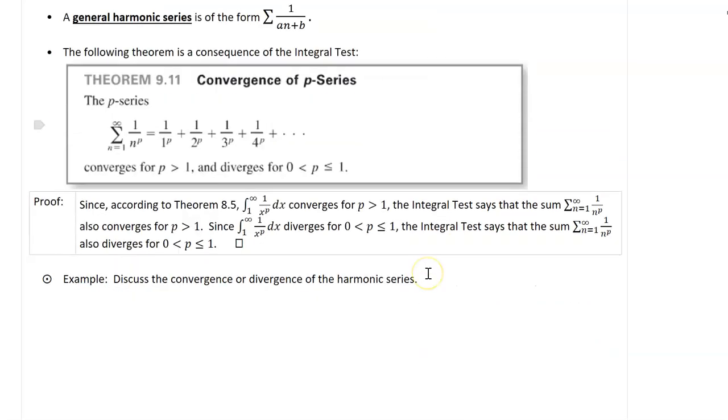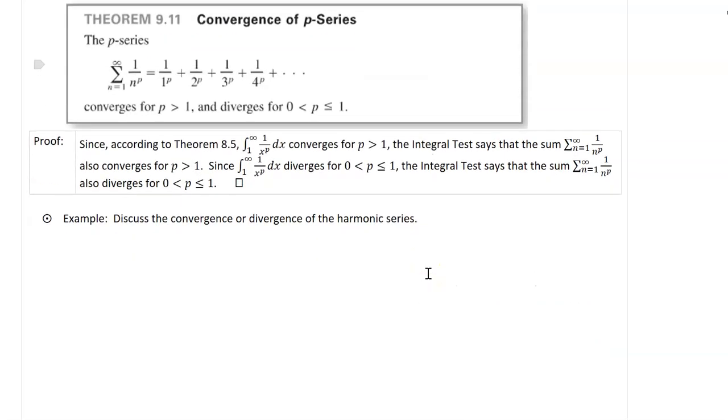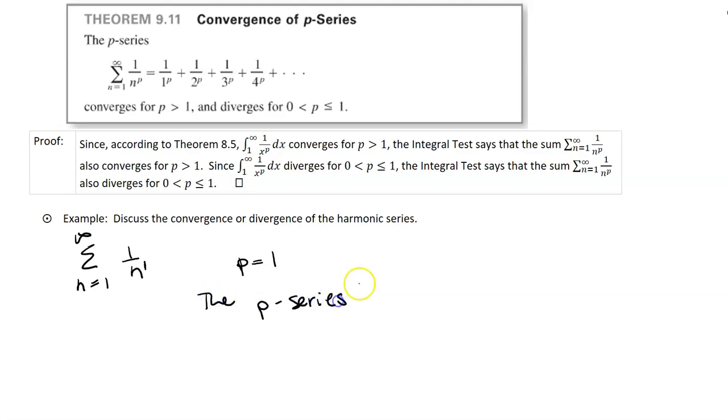So let's discuss the convergence or the divergence of the harmonic series. So this is the sum from 1 to infinity of 1 over n. And we know that that's 1 over n to the first power. So this is a p-series with p equals 1. And that is less than or equal to 1. So the p-series test says that this will diverge.